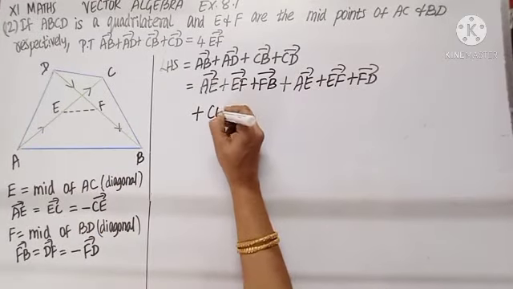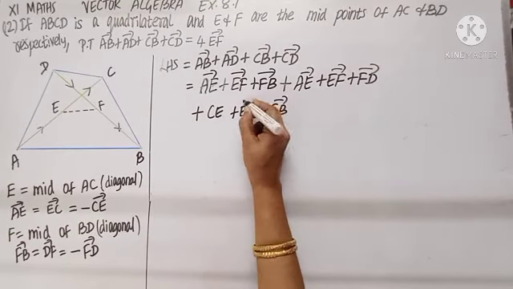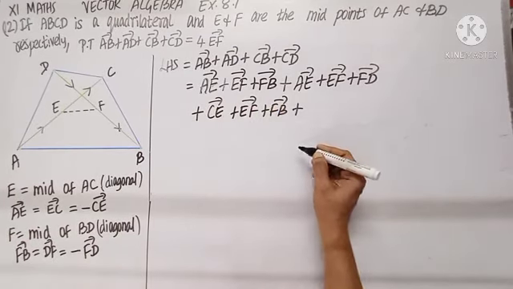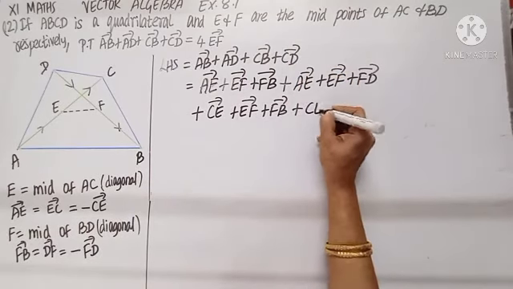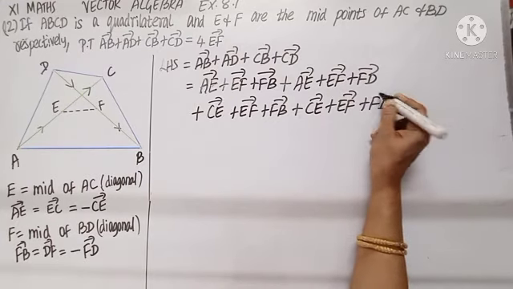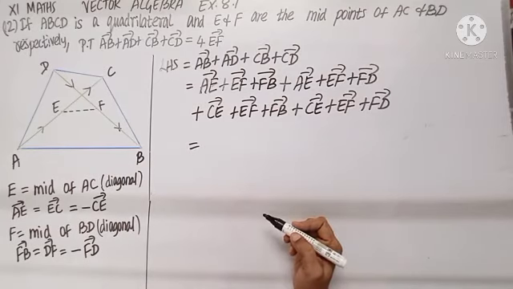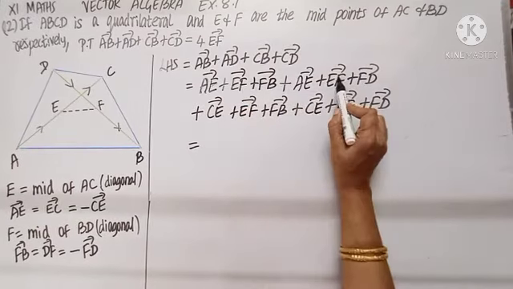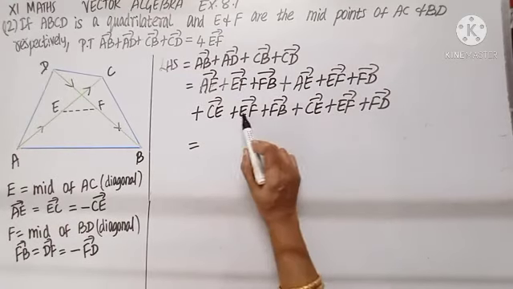So C to E, E to F, F to B. Remember to put the vector symbols. Similarly, what is CD vector? C to E, E to F, F to D vector. In all the cases, as I check, EF, EF, EF, EF has come. How many times? 4 times.